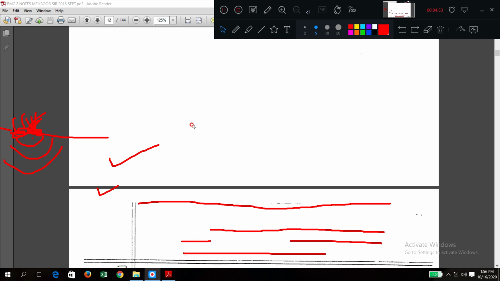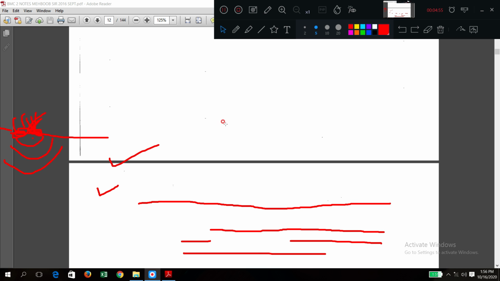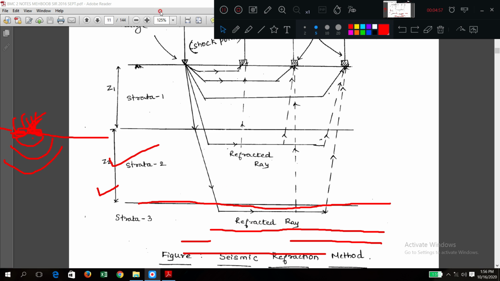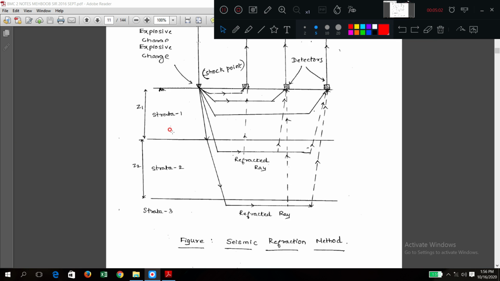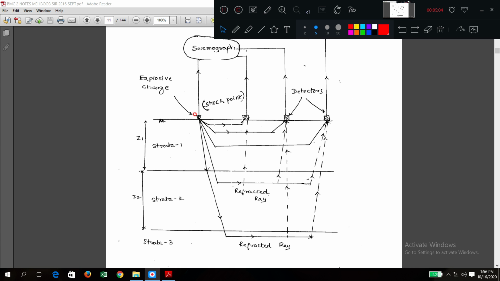Now, if you see this diagram, it is clearly explained here. This is one typical seismic refraction method. Here what is happening? This is the starting point, the first point. What is written here? Explosive charge. Means at this point you are creating the shock waves.